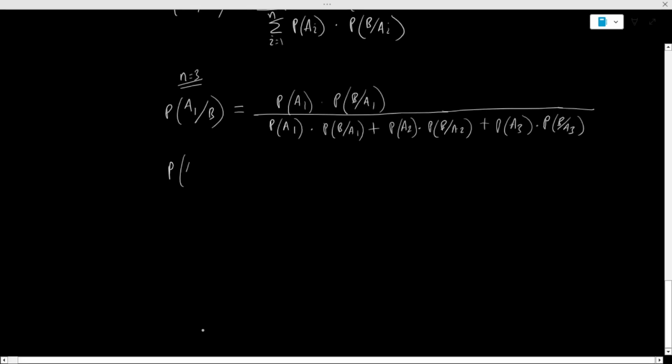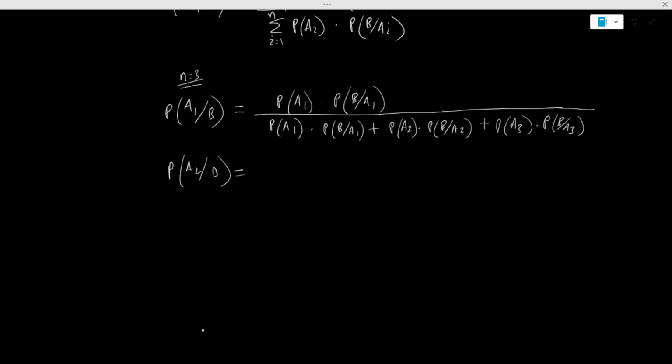Similarly, we can calculate probability of A2 given B and probability of A3 given B using the same formula. Simply in place of 1 we replace 2 in one case, and 3 in the other.